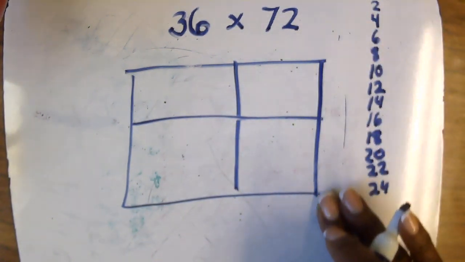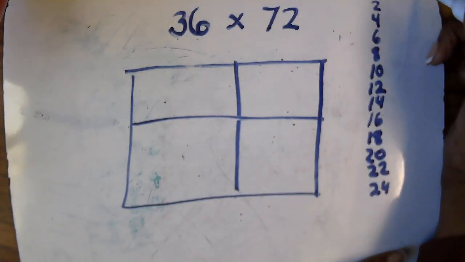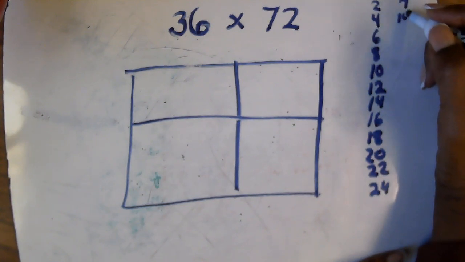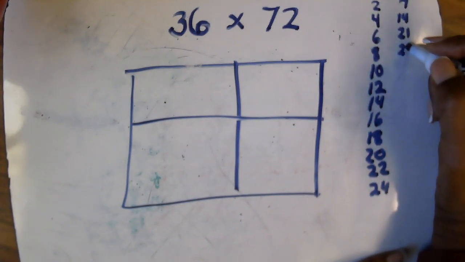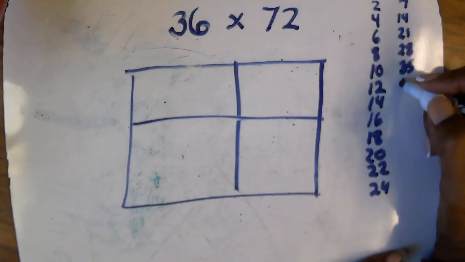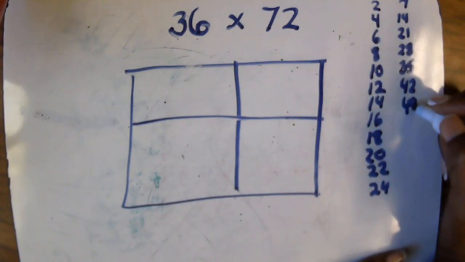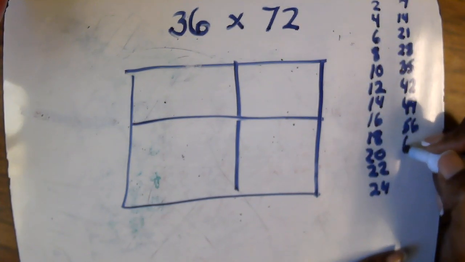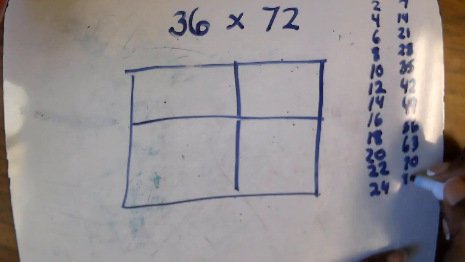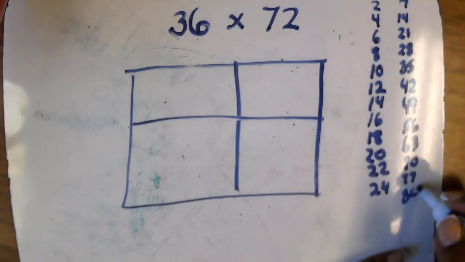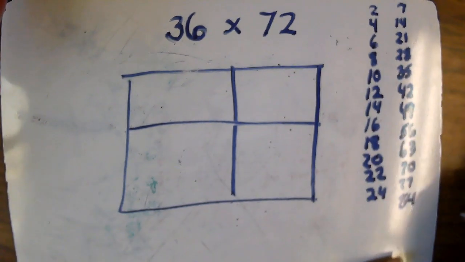Actually, I got this a little too close to there. Okay, now I'm going to do my 7s. Okay, now I have my multiples of 7.